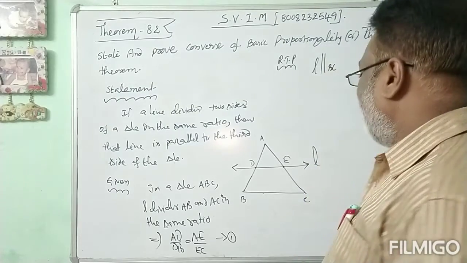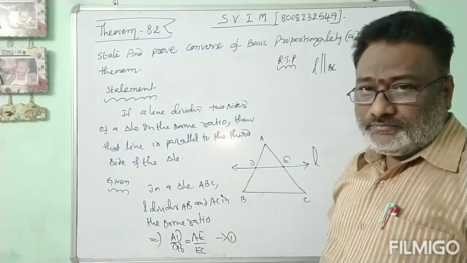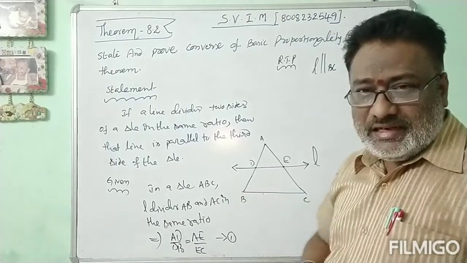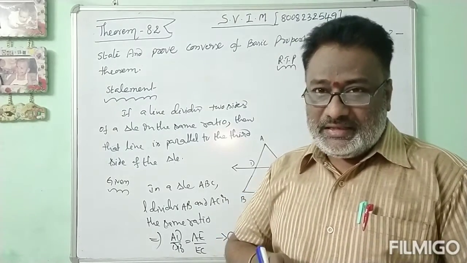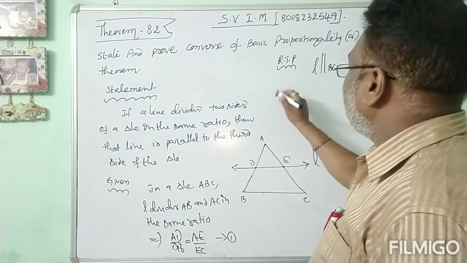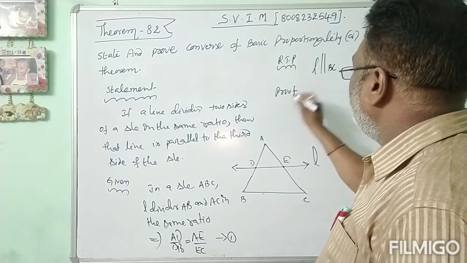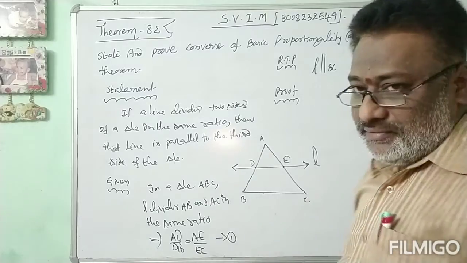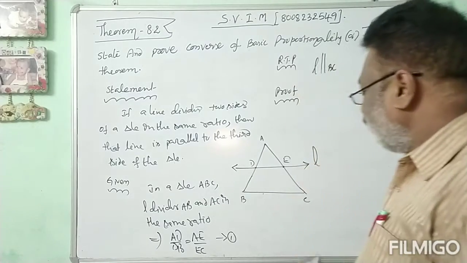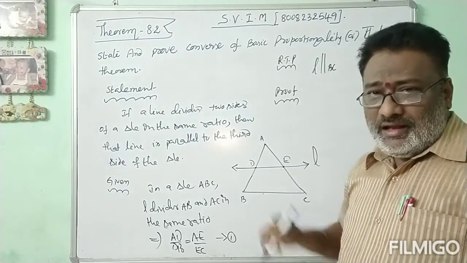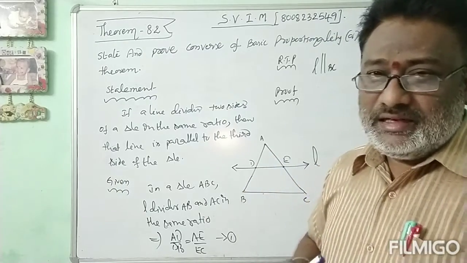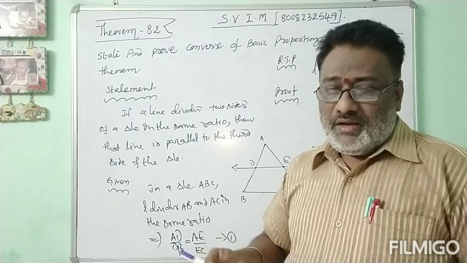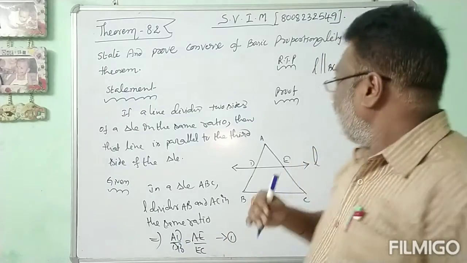Now listen to me. Here there is no construction. You need not take any steps here to prove that. So directly in such cases you can go for the proof. Listen to me. Here this theorem we need to prove by the contradiction method. Contradiction method means what is our aim?